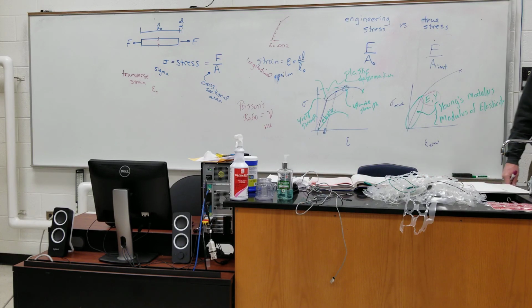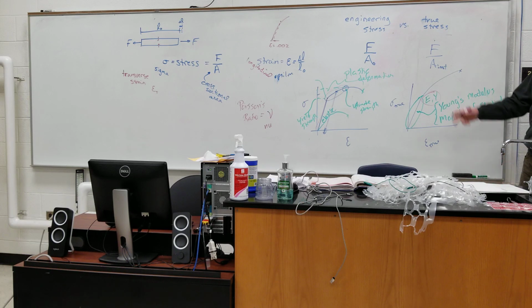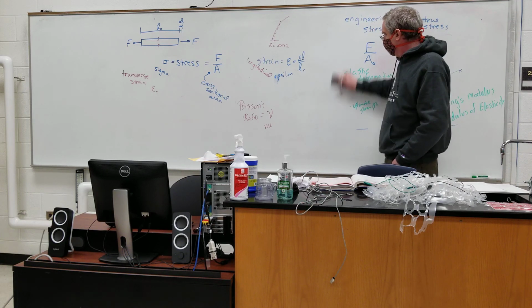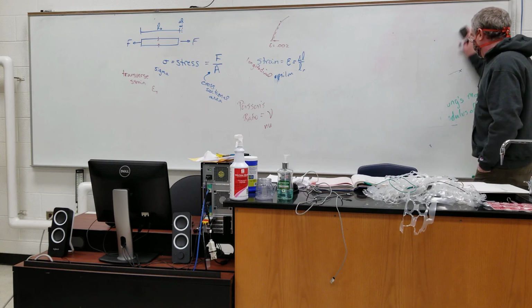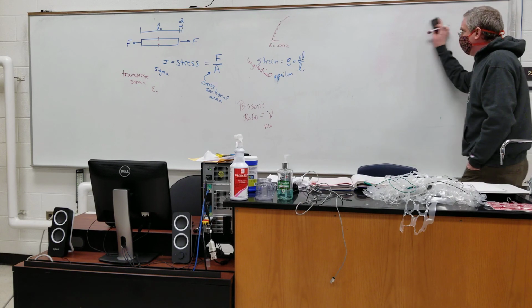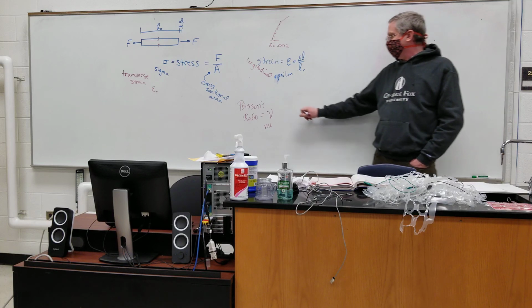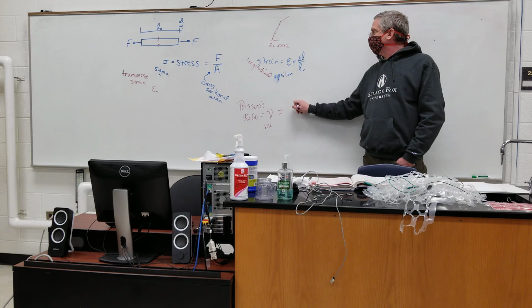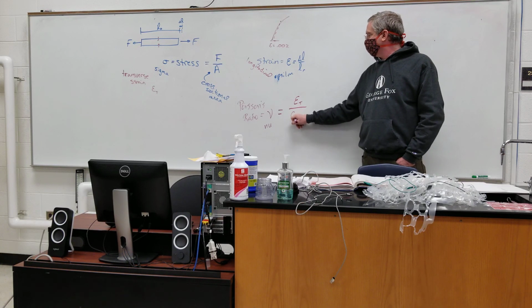Now, the way textbooks and websites will write a nu, sometimes they look exactly like a V. My nus look like a V with a high wind on it. This is the ratio of the transverse strain over the longitudinal strain.